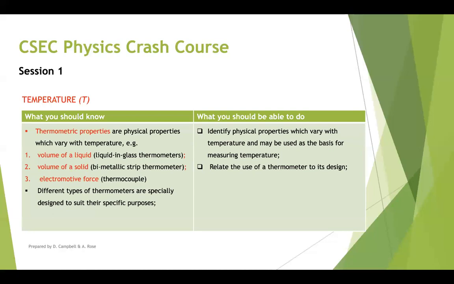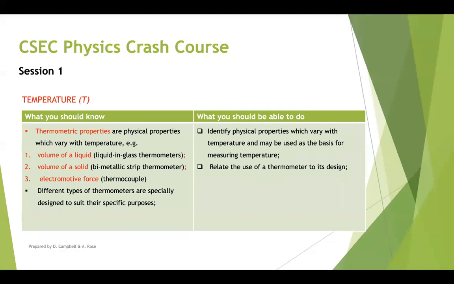And so we find them being used in different types of thermometers. In a liquid in glass thermometer, you would see the expansion of a liquid, which is either mercury or alcohol. In the bimetallic thermometer, it is due to the expansion of the metals.